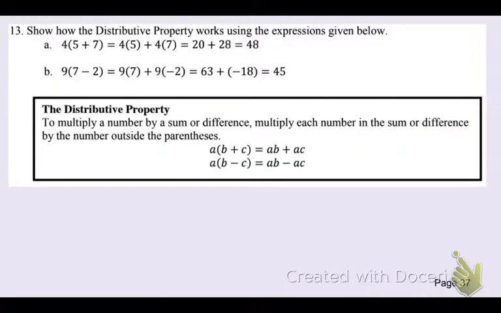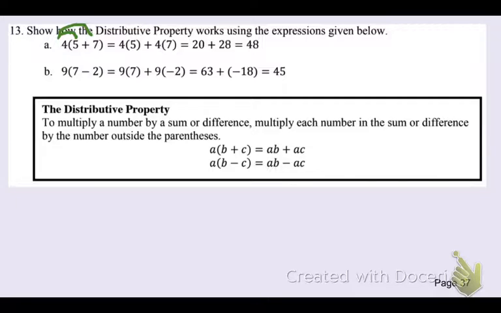All right, I'm on page 37. It says, show the distributive property works using the expressions below. So remember, this 4 is being distributed to the 5 and then distributed to the 7. So we're talking about multiplying. So this shows 4 multiplied by 5 plus 4 multiplied by 7.